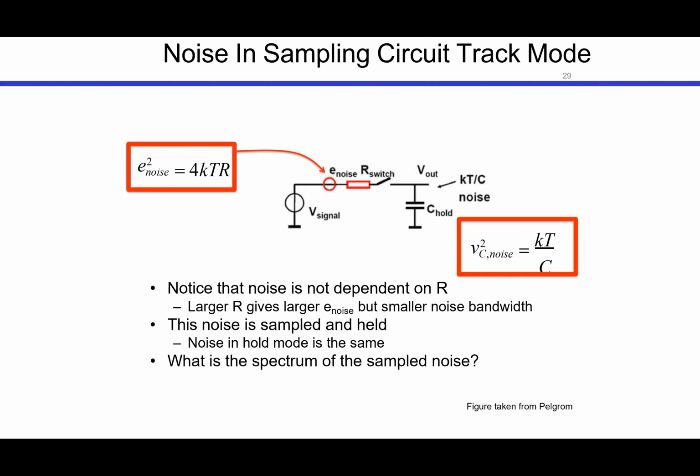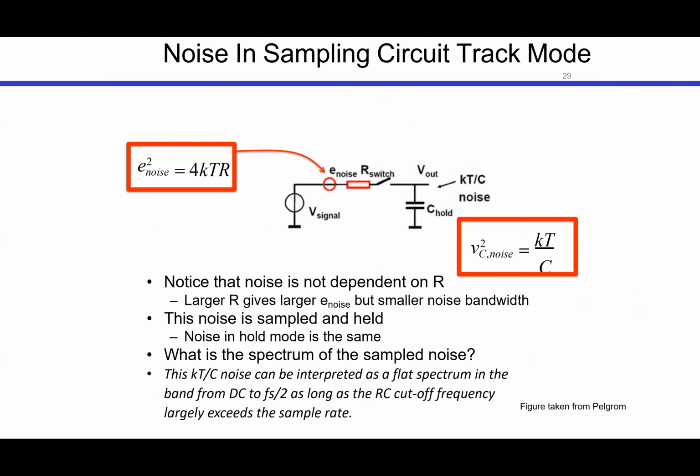Now, what do we assume about the spectrum of the sampled noise? We assume that this kT over C noise will show up as a flat spectrum in the band from 0 to fs over 2, as long as the cutoff frequency of this low pass behavior largely exceeds the sample rate.